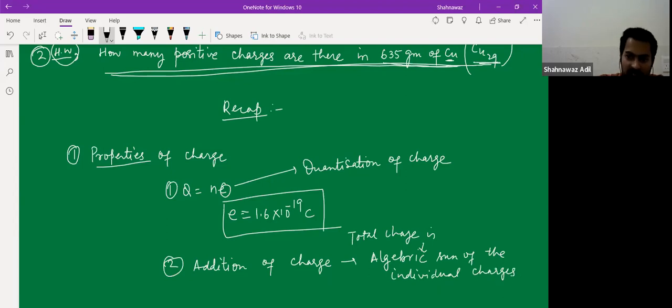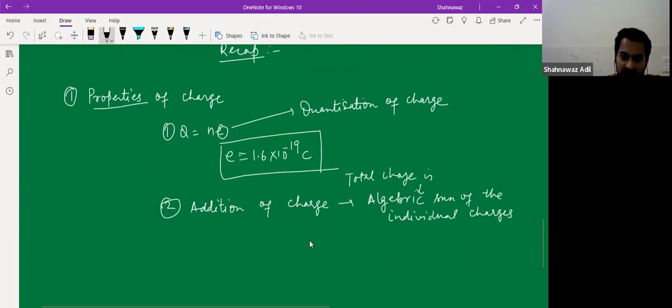Let's say in a system there is plus 4e, minus 2e, and 3e. So the total charge would be plus 4e minus 2e plus 3e, which is 7 minus 2, 5e. This is the algebraic sum, not the vector sum.